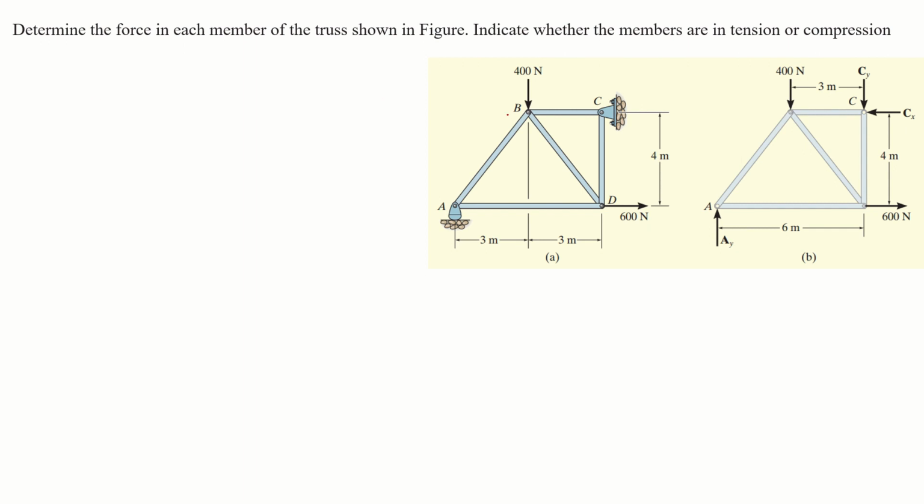First we will consider this whole truss in equilibrium. This truss is supported at point A with a rocker support, and this rocker prevents the vertical motion only.